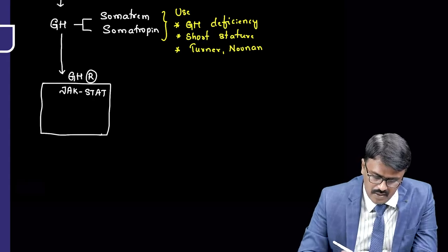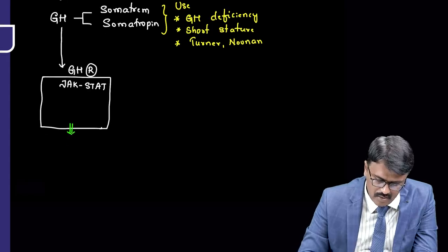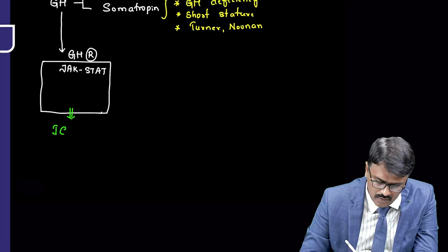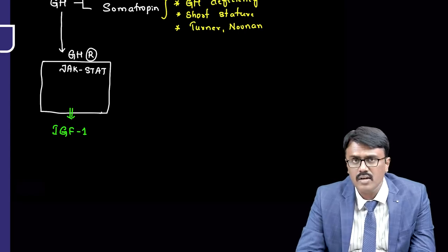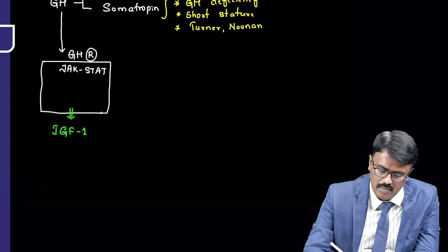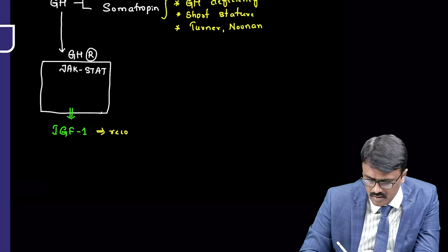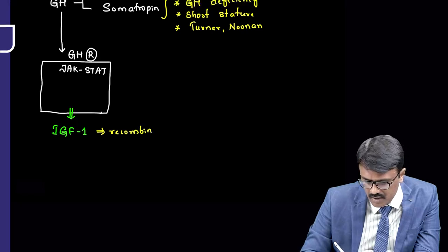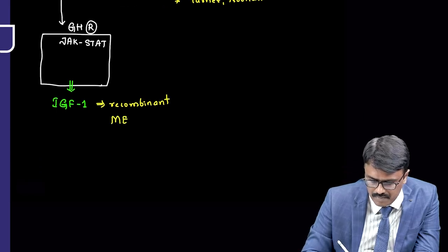Now, the growth hormone receptor will release a factor called insulin-like growth factor 1. Many a time we use the recombinant form of this, and the name of it is mecasermin.